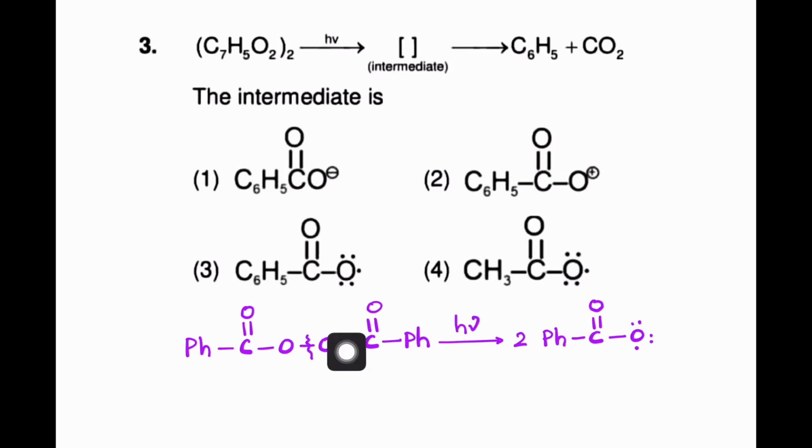So the intermediate is similar to the third one. So this is going to be your answer. Further, there is a rearrangement like this, and this will form phenyl free radical plus CO2. Okay, let's move to the next one.